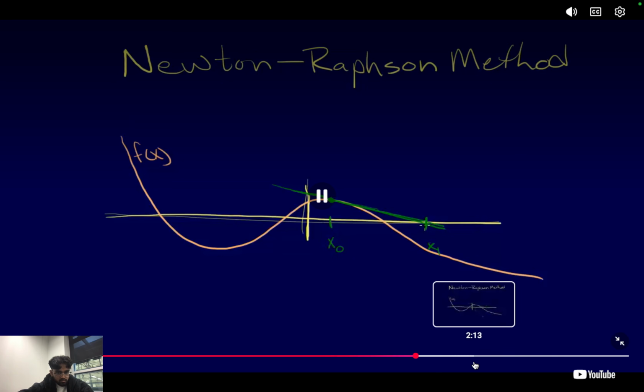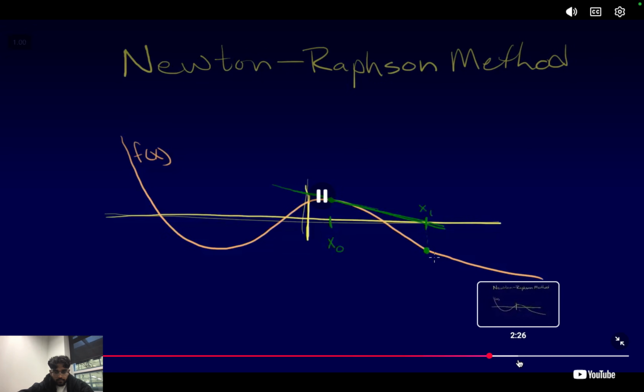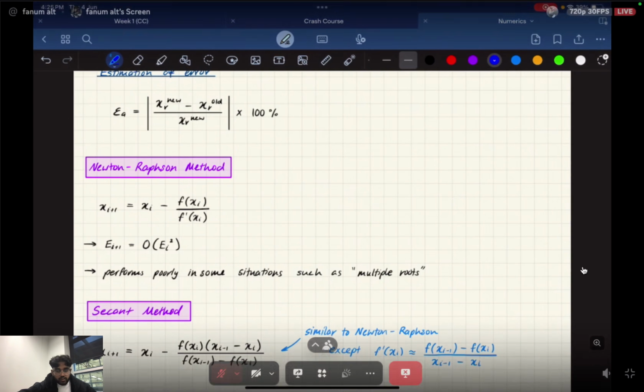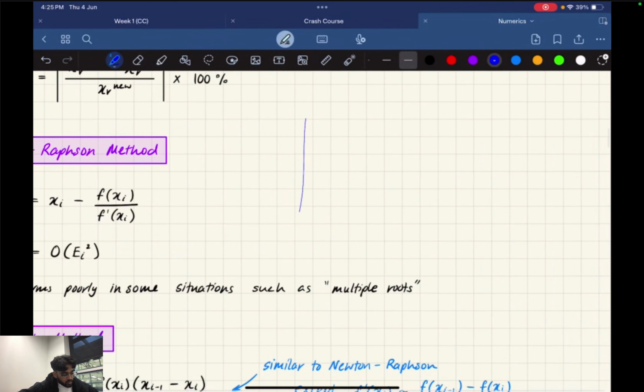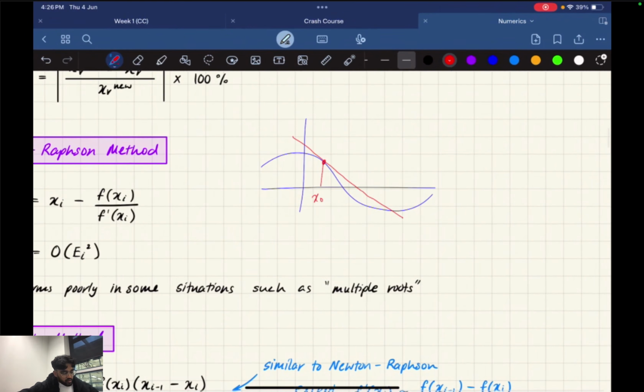We have this x1. It's a bit of an iterative process. So essentially, you take a certain x0 value. Do you guys know what a tangent is? Tangent to the curve. So you're gonna form a tangent to the curve, and then pick out your next value.